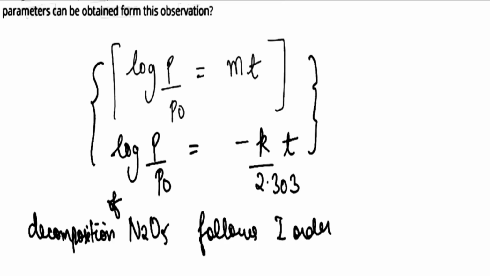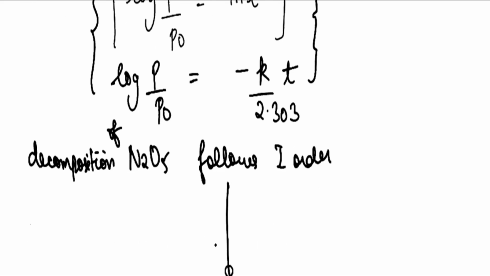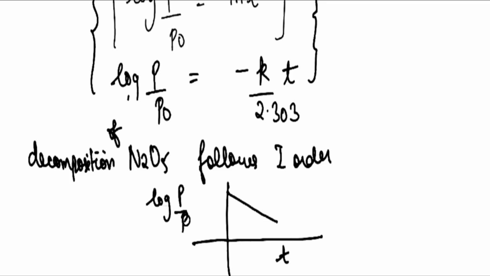And when we draw this curve of log P upon P naught versus time, the slope will be minus K upon 2.303.